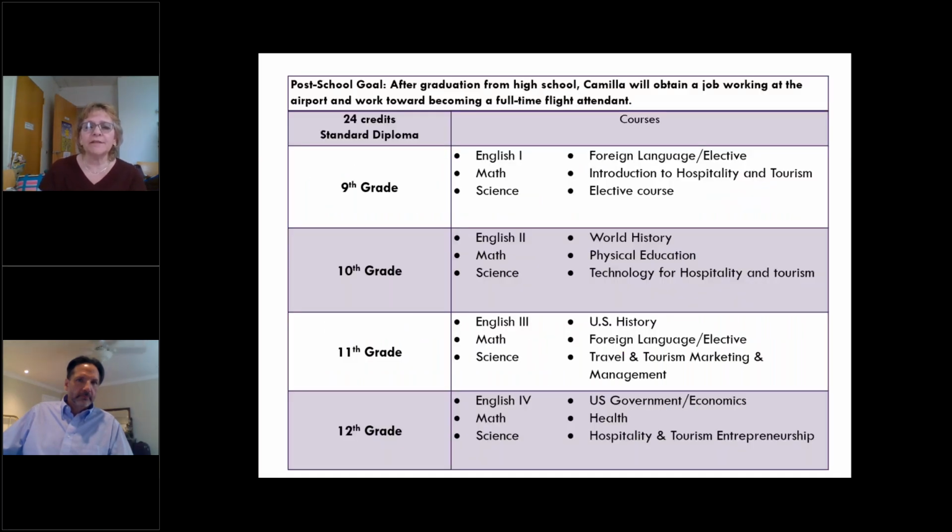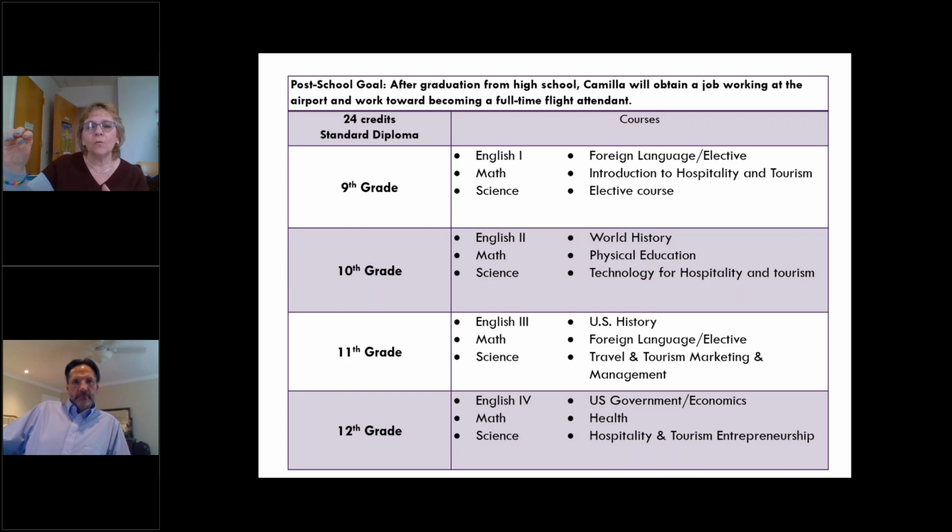And just to give you an idea of what you're looking at with those courses of study, here is one of the examples that we shared with you in our previous presentation, which looks at a particular high school student, Camilla, who wants to obtain a job working at an airport and work toward becoming a full-time flight attendant. So when you look at this, it's really good to look at the courses over a whole year, every year when you're in high school.